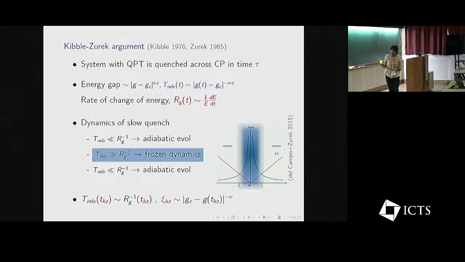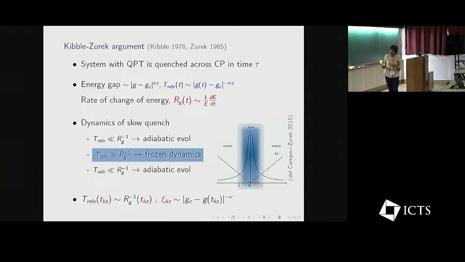But at some point, these two time scales become of the same order, and finally, the relaxation time will be very, very long, and then you enter the frozen region. The assumption in this Kibble-Zurek argument is that the system is frozen in the state when it entered this region. And then again, relaxation time decreases, and adiabatic evolution resumes.